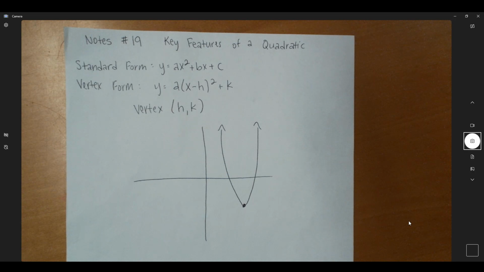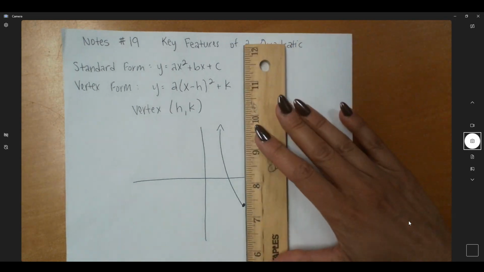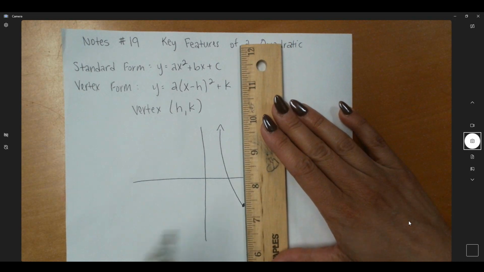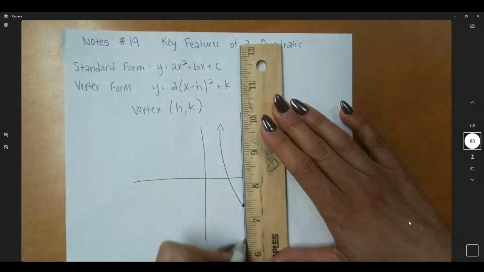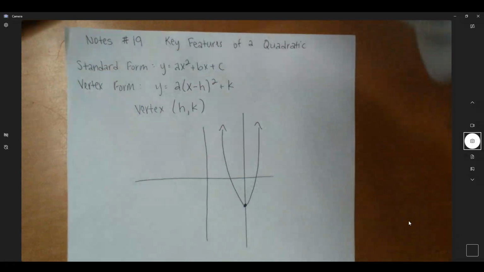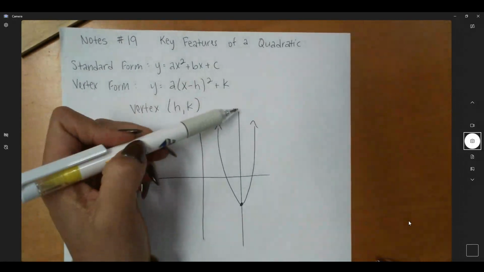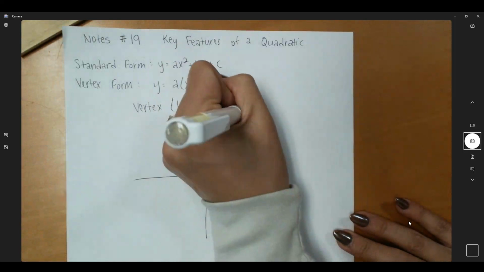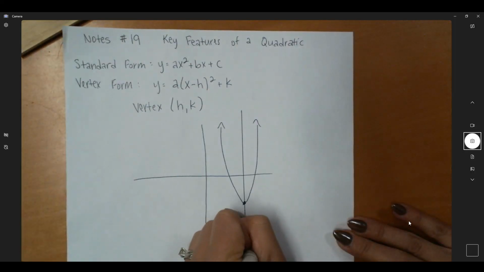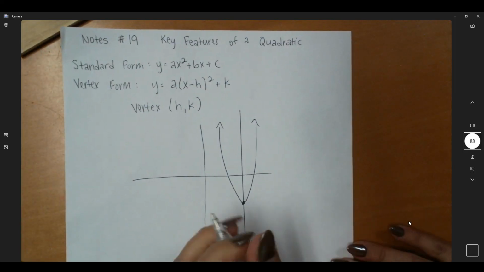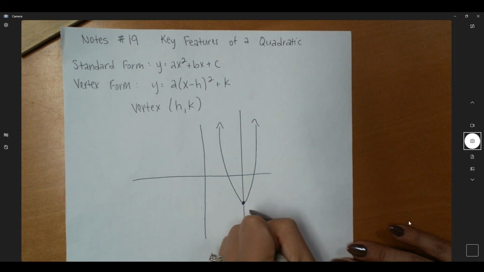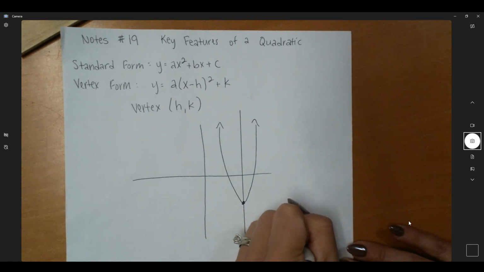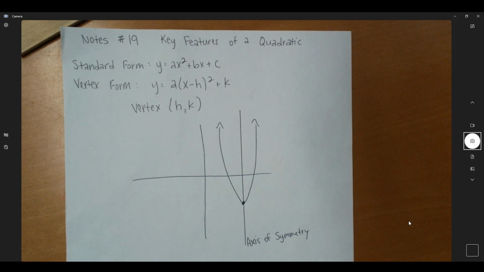Let me get a ruler. So our axis, okay, this isn't going to be perfect, but it's good enough. So the line that goes through our vertex is called our axis of symmetry, and this would be x equals h.